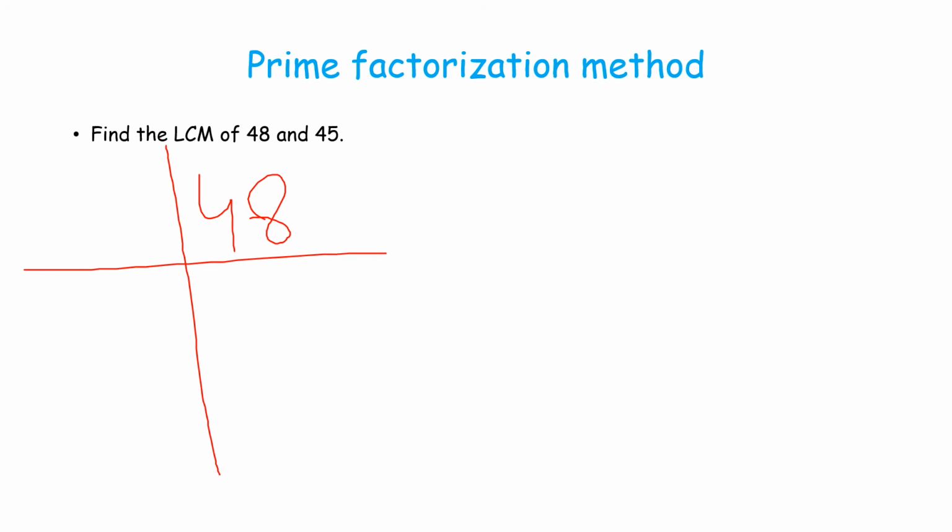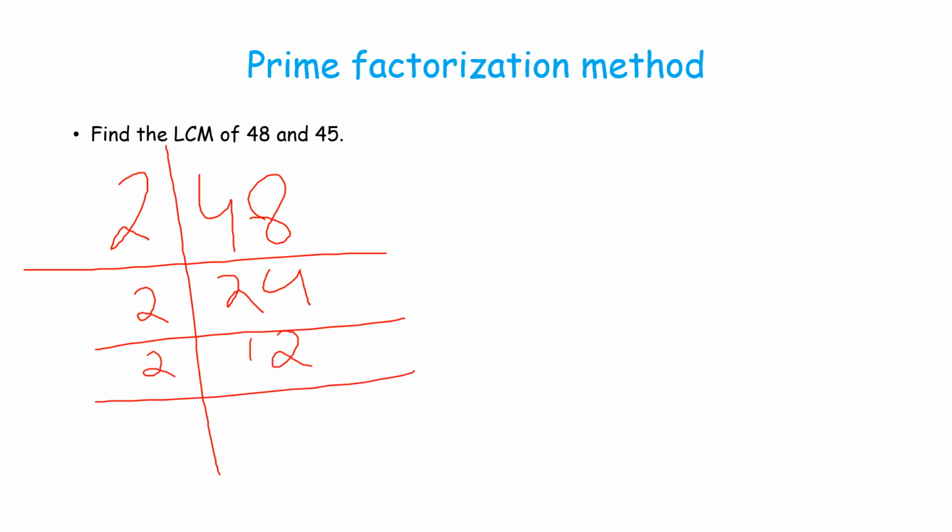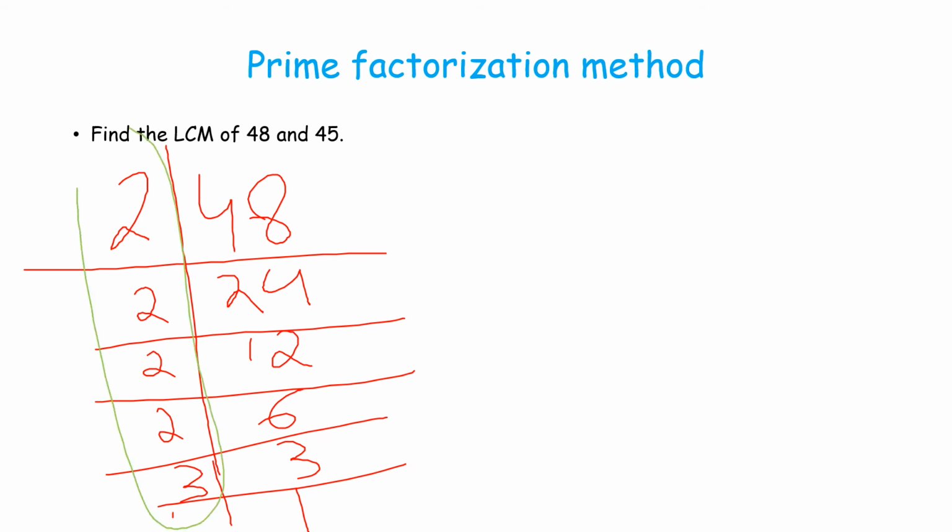We divide the number by prime factors. 2 2s are 4, 2 4s are 8, 2 1s are 2, 2 2s are 4, 2 6s are 12, 2 3s are 6. Now it cannot be divided by 2, so it will be done with 3. 3 1s are 3. So these are all the prime factors of 48.